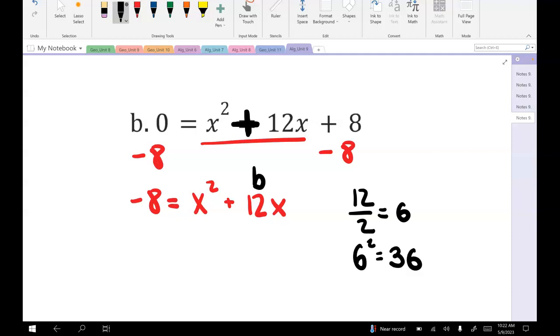So we take this 36, and we add it to both sides. So I'm going to do that in a different color. We do negative 8 plus 36 is equal to x squared plus 12x plus 36.